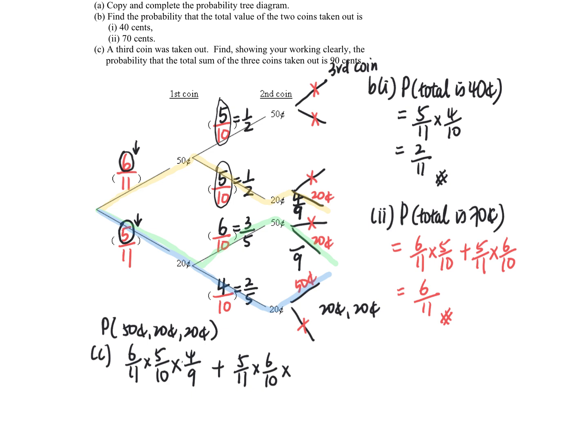So same thing, I started out with 5 20 cents, I took out 1, left 4. So this one is also 4. So this is 20, 50. Okay, last one. The last one is 20, 20, 50.